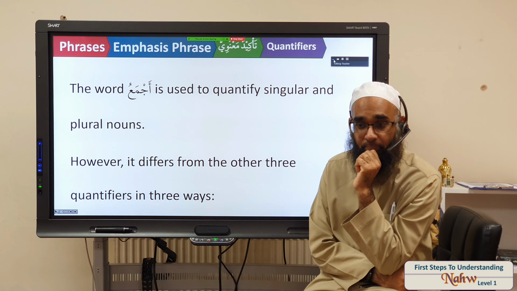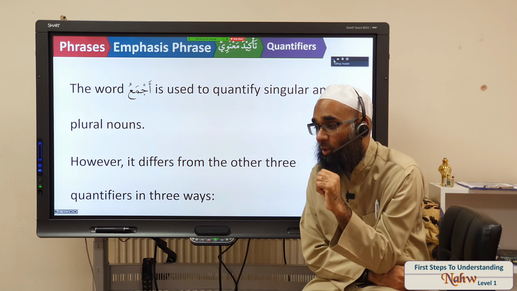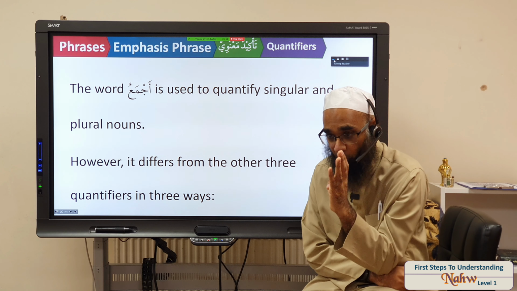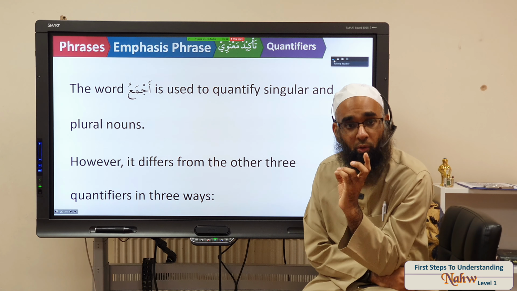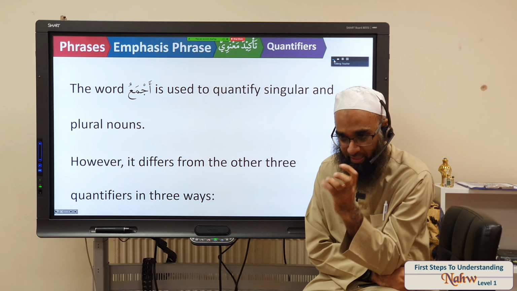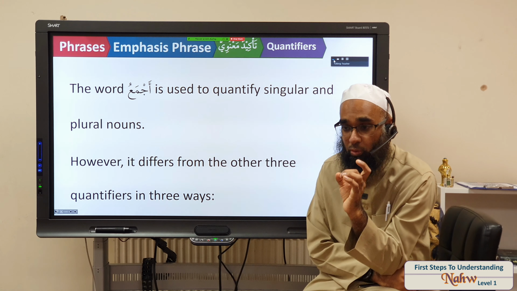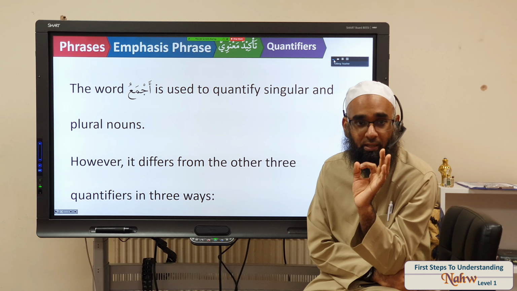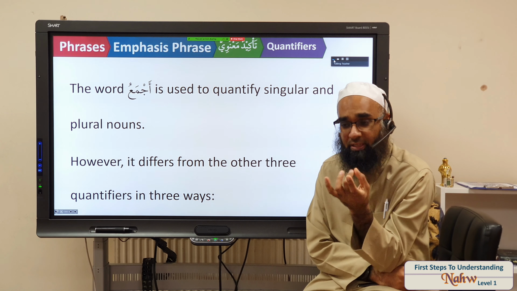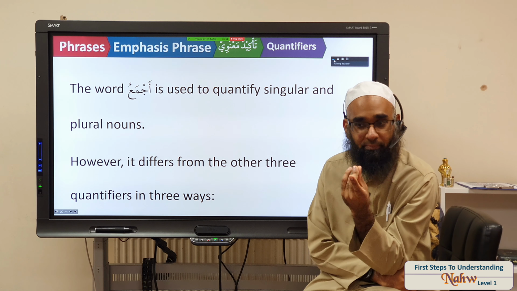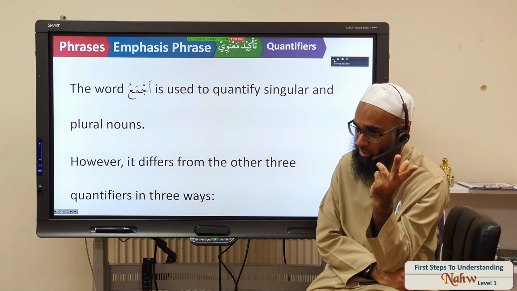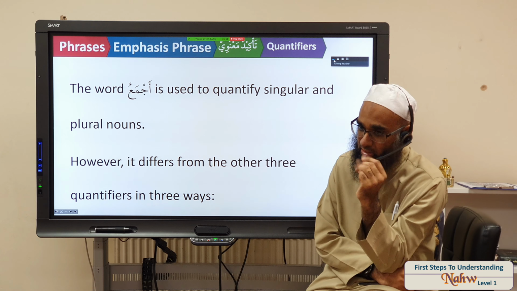Yes? So altogether, how many quantifiers do we have? 4. Kila, and the feminine is kilta, that's 1. Then kullu, jami, and ajma. So ajma is different from the other 3 in how many ways? 3 ways. Yes? Remember the little code. So you have 2 kafs, 2 jeems, and the last jeem is different to the other 3 in 3 ways.